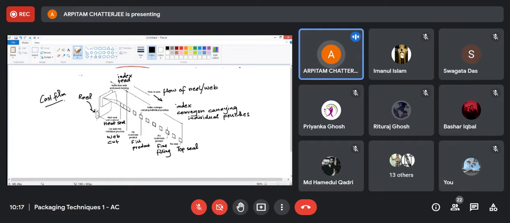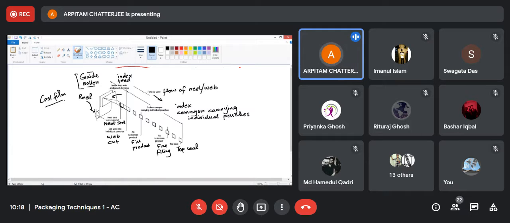Basically, you have a guide, a guide roller kind of arrangement, which gives this particular shape and this particular way of folding to the reel. Then the first seal happens over there.